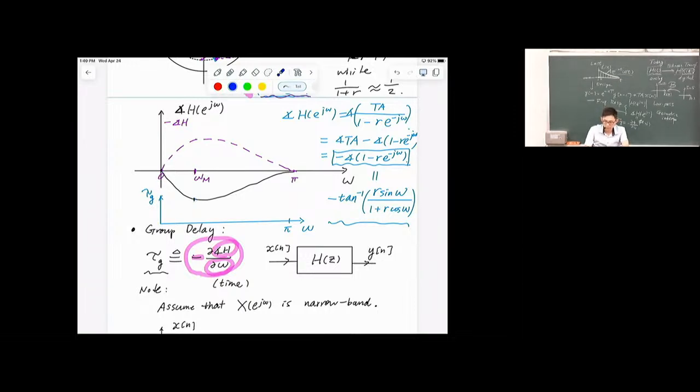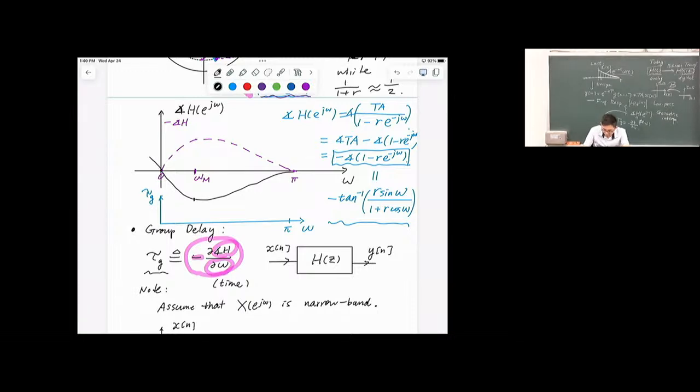So you can plot the group delay now by trying to figure out the slope. It's really that easy. The group delay here, it turns out that the slope is largest right at DC.